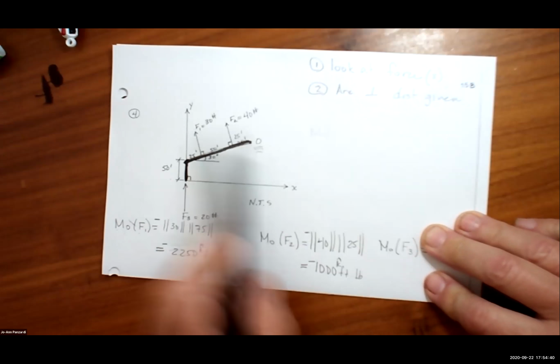Okay, is the perpendicular distance given? If no, break into components. It's a two-step process.